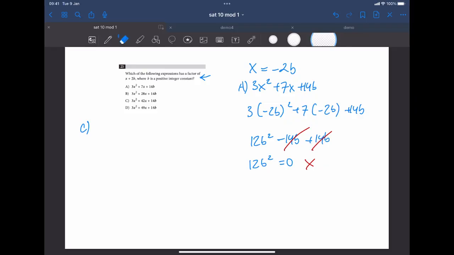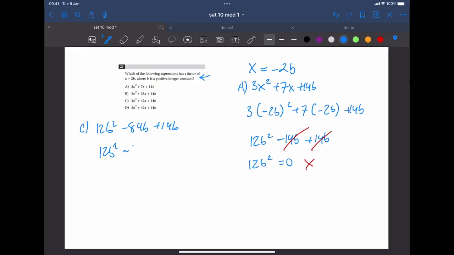We have 3x squared plus 42x plus 14b, and if we plug in negative 2b for x again, we would get 12b squared minus 84b plus 14b.